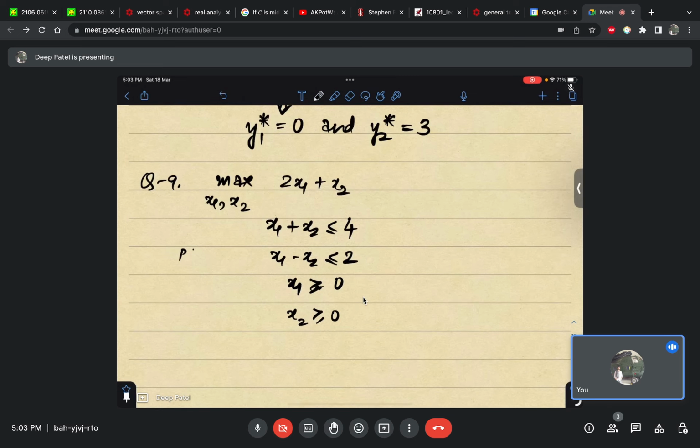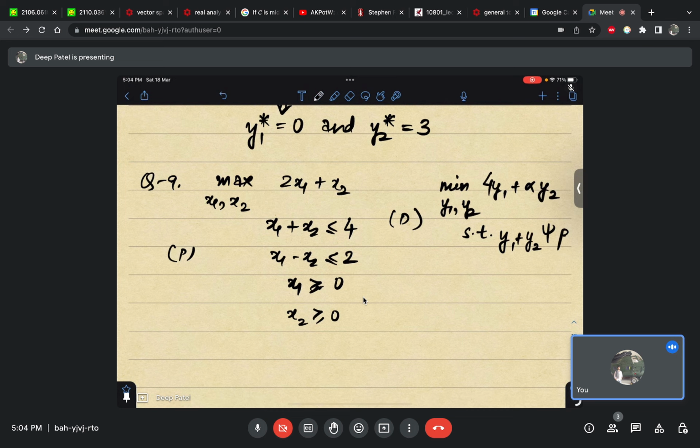So let's say this is the primal and the dual is given by 4y1 plus alpha y2, y1 plus y2 psi beta, y1 minus y2, then there is some symbol psi again, and then there's a constant.